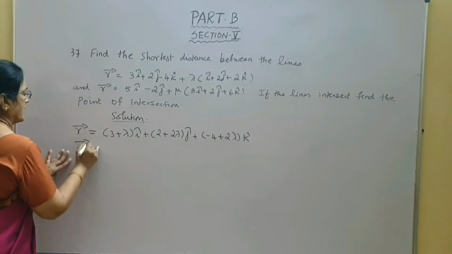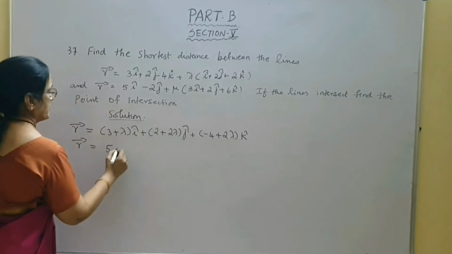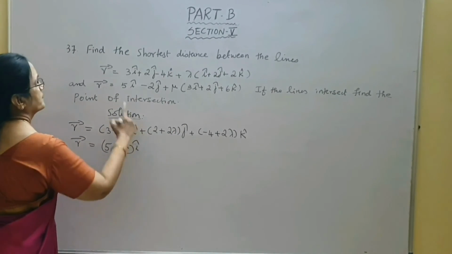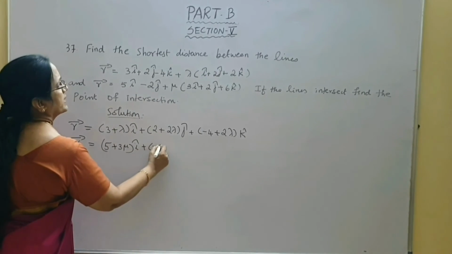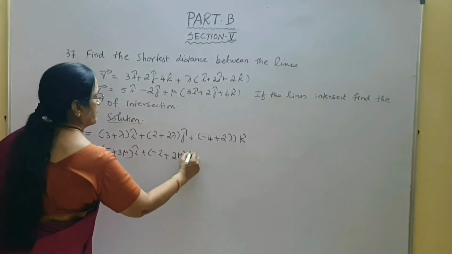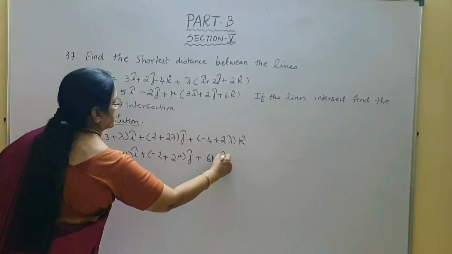The second equation of the line can be written as (5 plus 3 mu) i cap plus (minus 2 plus 2 mu) j cap plus 6 mu k cap.